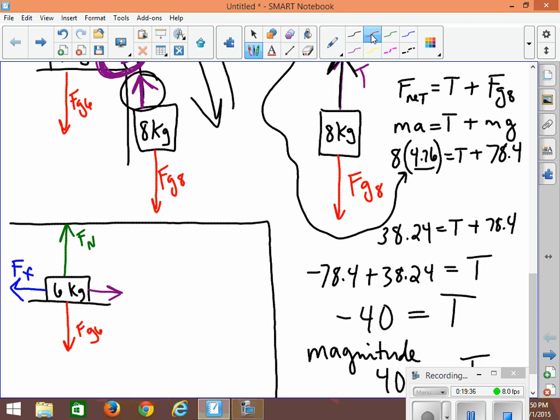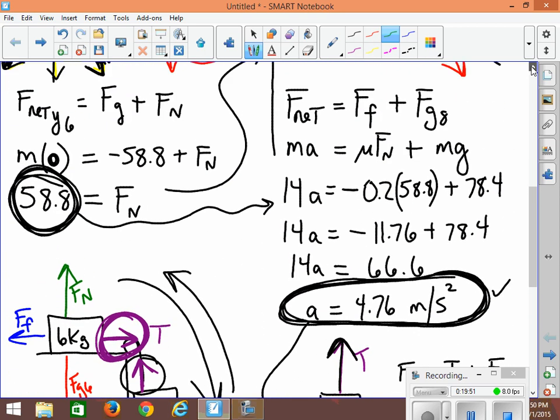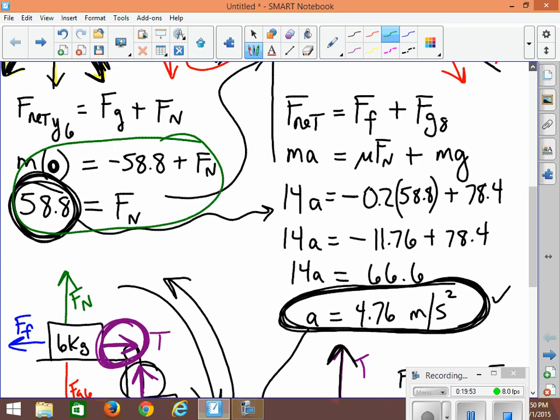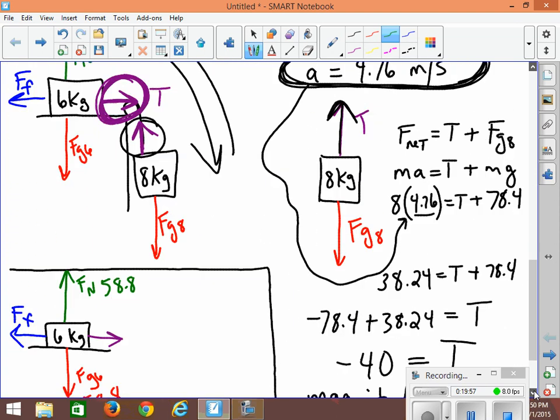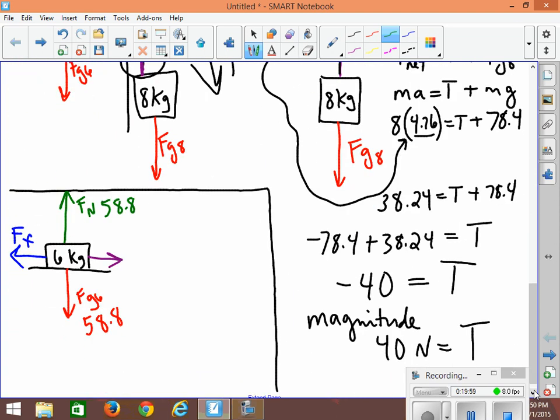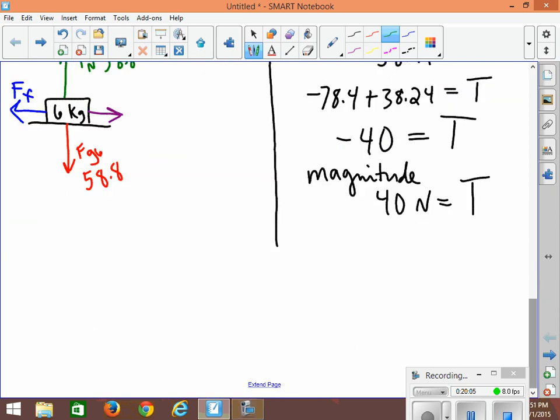We had seen that this was a 58.8 pulling down, which means that our normal force then was 58.8 pulling up. And we have that equation already written, so we don't have to write it again. We did that up here, and we found that out. So we'll just borrow that information and bring it down here. And again, that's only necessary for calculating the friction. So let's look at the net force equation for this particular picture.